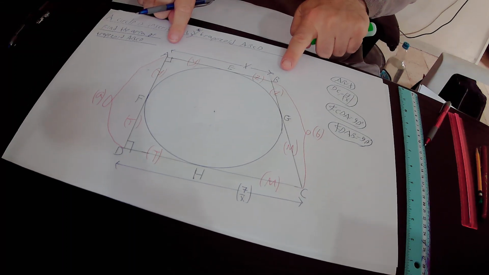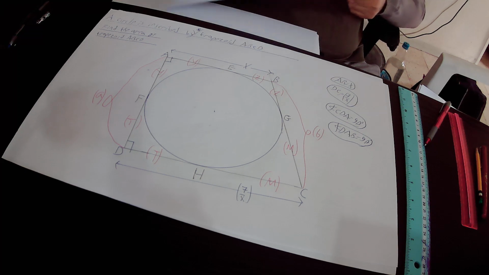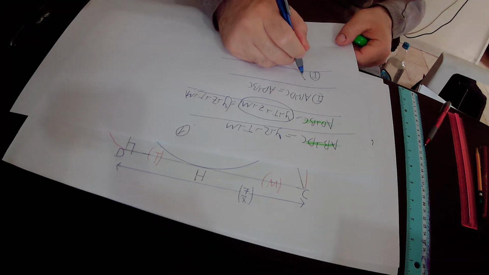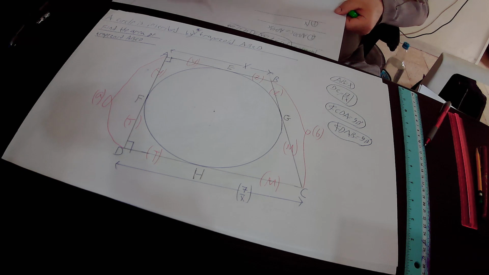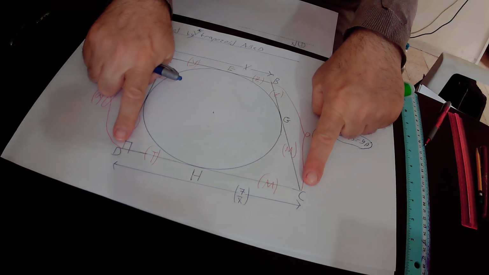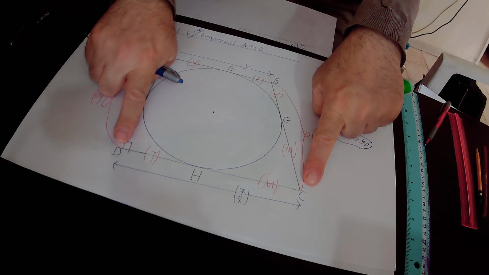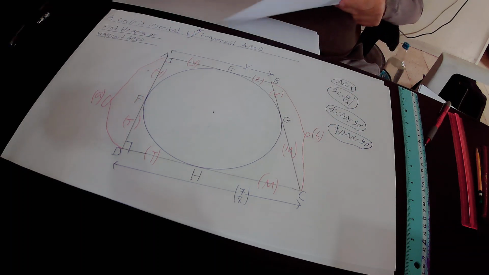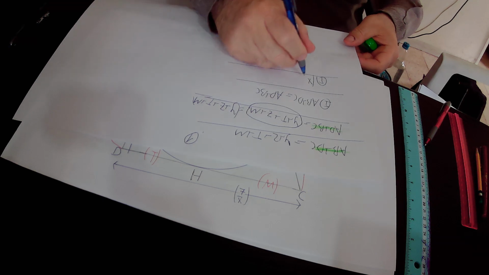AB equals X according to what is given, so we substitute AB by X, plus DC. DC equals 7 over X, also according to what is given. So we substitute DC by 7 over X.